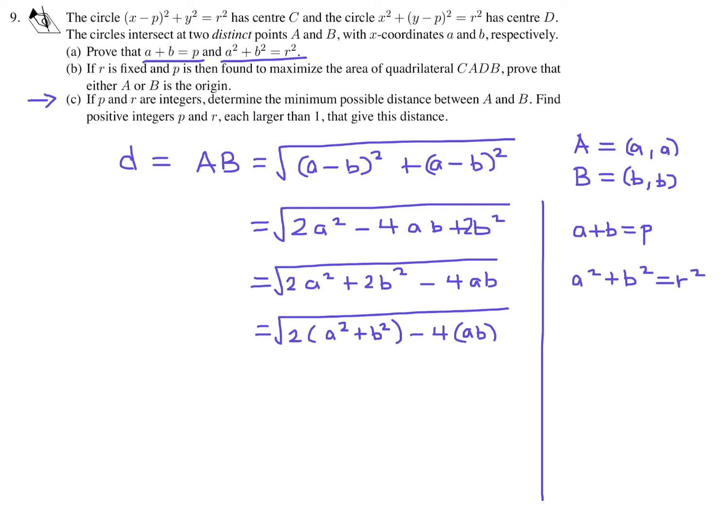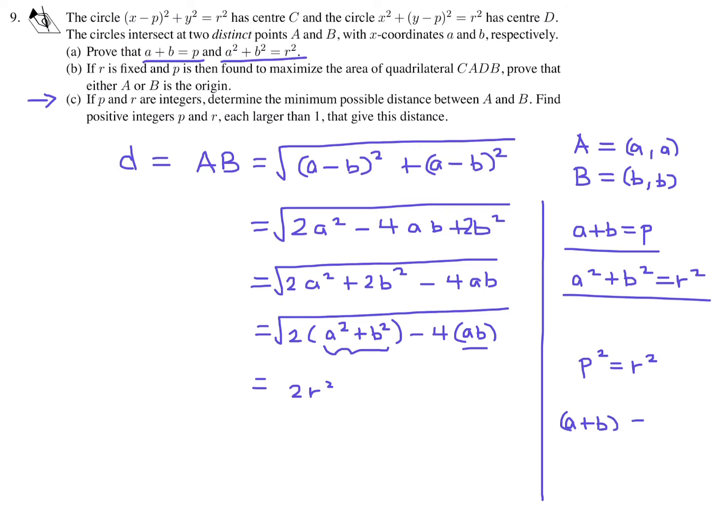And we also proved in 9b that p squared is equal to r squared. Now with this one right here, we can easily just substitute in r squared. For ab, it'll take a little bit more work. It'll involve that one right there.